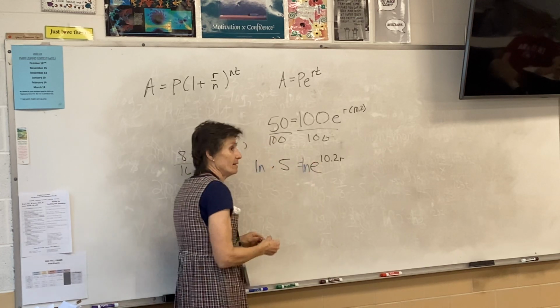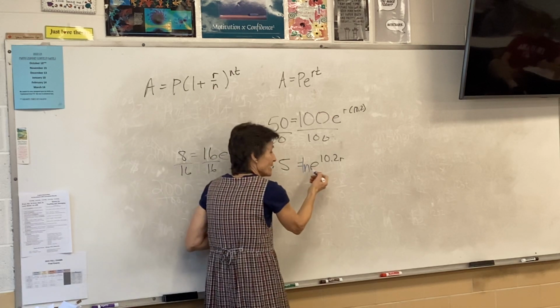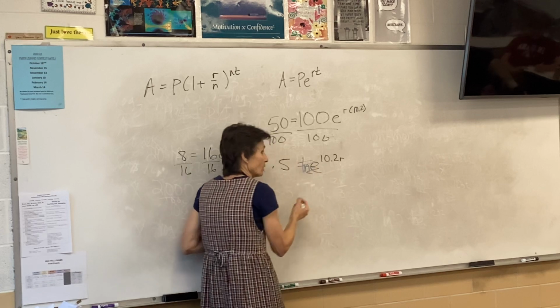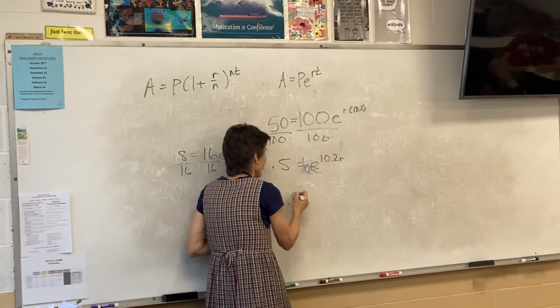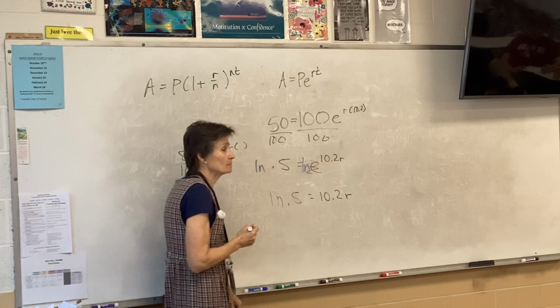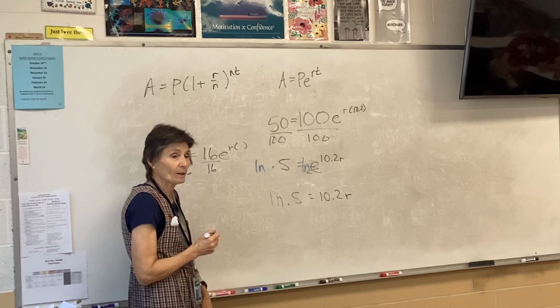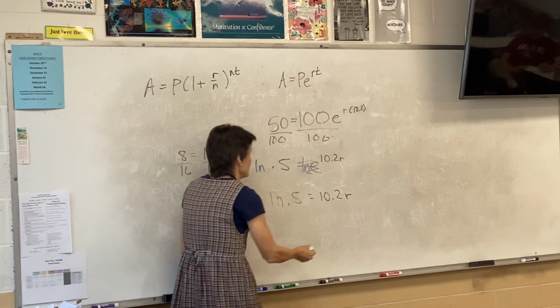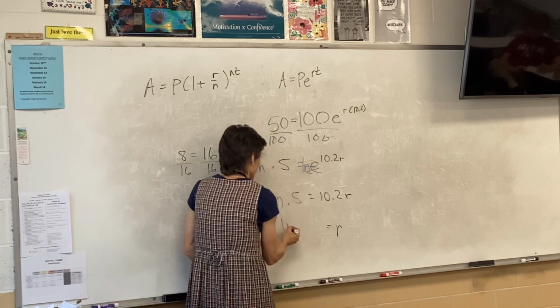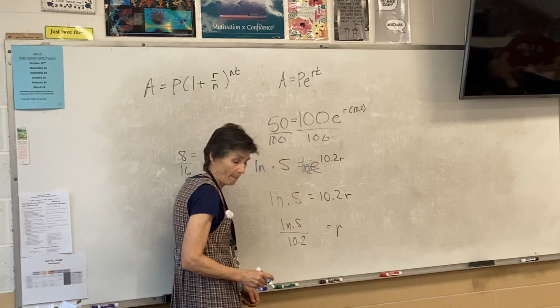The reason I like my natural logarithms is what happens right here. They cancel. So ln 0.5 equals 10.2r. So how will I get r? Divide. So ln 0.5 divided by 10.2.